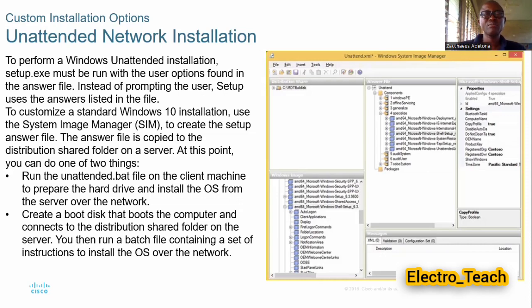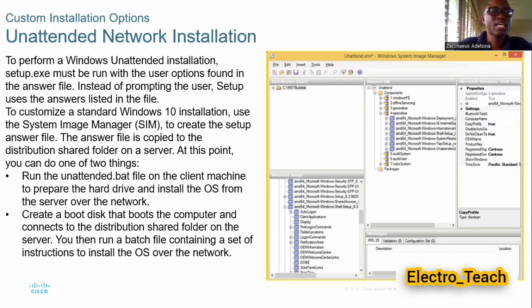Now, all this can be done unattended. In that situation, what happens is that a special file is created by the system image manager, which creates a setup answer file.